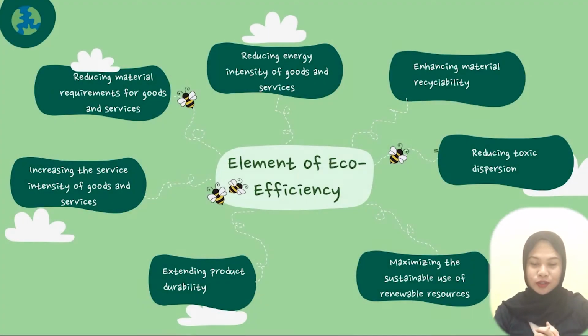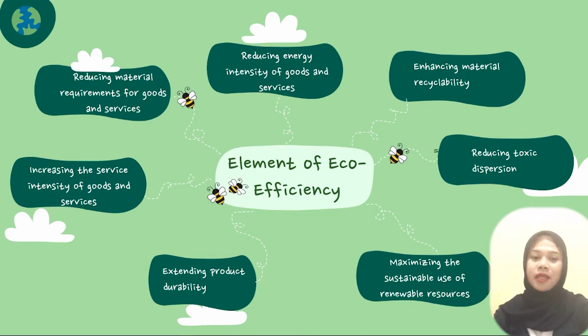So we're moving on to the elements of eco-efficiency. There are seven elements of eco-efficiency. First, reducing material requirements for goods and services. Second, reducing energy intensity of goods and services. Third, enhancing material recyclability. Fourth, reducing toxic dispersion.